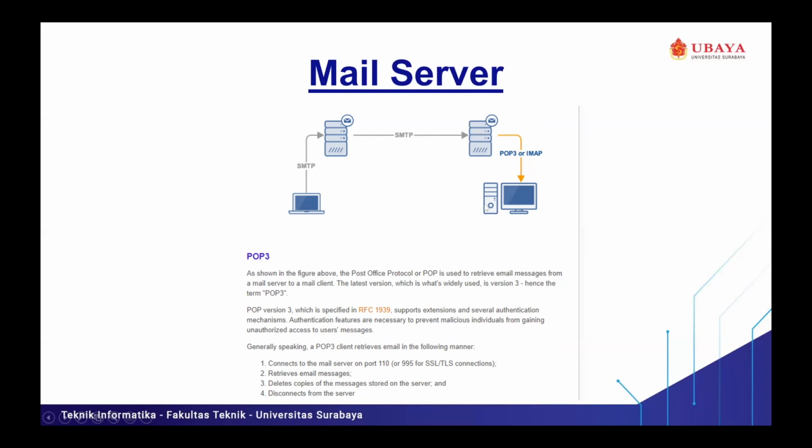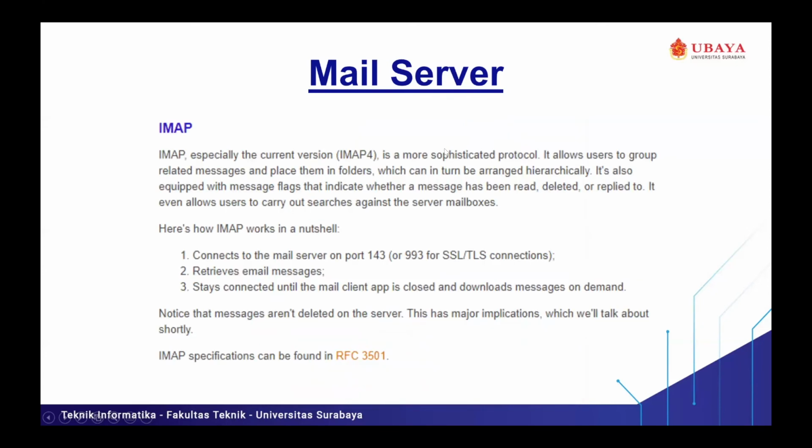So once we have downloaded the mail, we cannot get it again from our mail server, because we have downloaded and deleted it from the mail server. So it's different from IMAP.